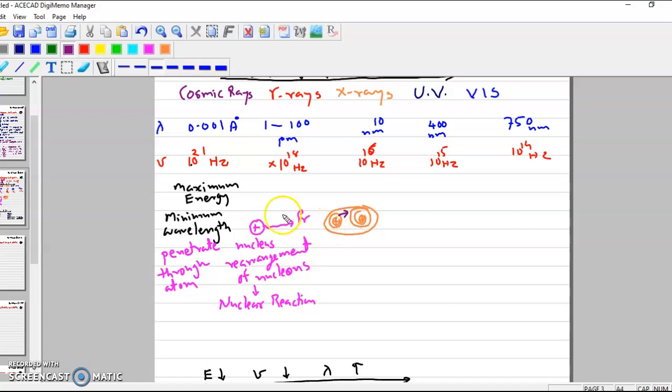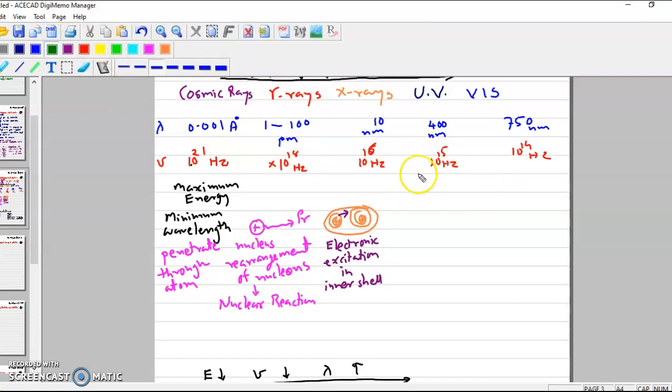So this is basically electronic excitation, but in the inner shell. That is why it can bring a change in internal structure, and so we get some information about internal structure.